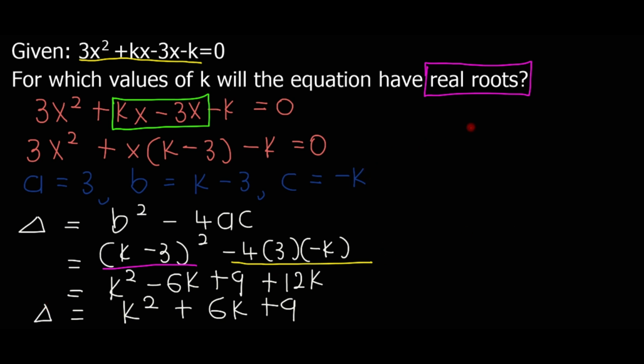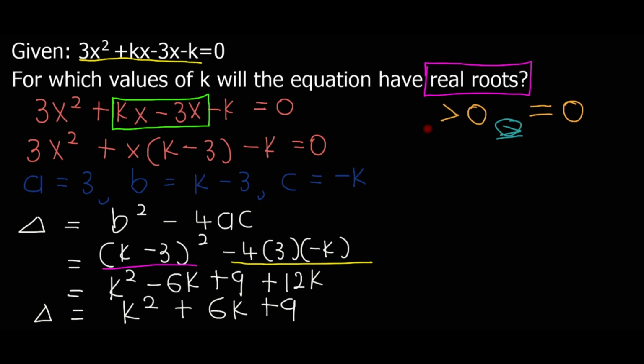And then now let's see here. For which values of K will the equation have real roots? If you remember on the summary, when the discriminant is greater than 0, we have real roots. And then again when the discriminant is equal to 0, we still have the real roots. So the symbol for the real roots we write as greater or equal.